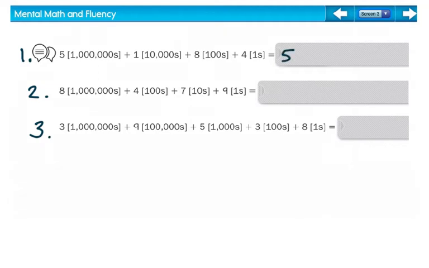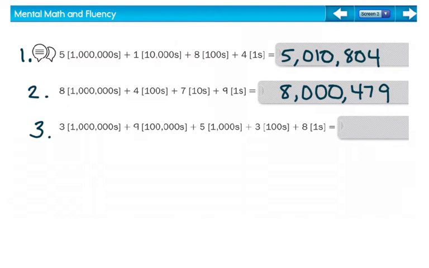Number 1, 5 in the millions, nothing in the 100,000s, 1 in the 10,000s, nothing in the thousands place, 800, 4, 5,010,804. Number 2, you have 8 in the millions, nothing in the 100,000s, nothing in the 10,000s, nothing in the thousands, 4 in the hundreds, 7 in the 10s, 9 in the ones, 8,000,479.